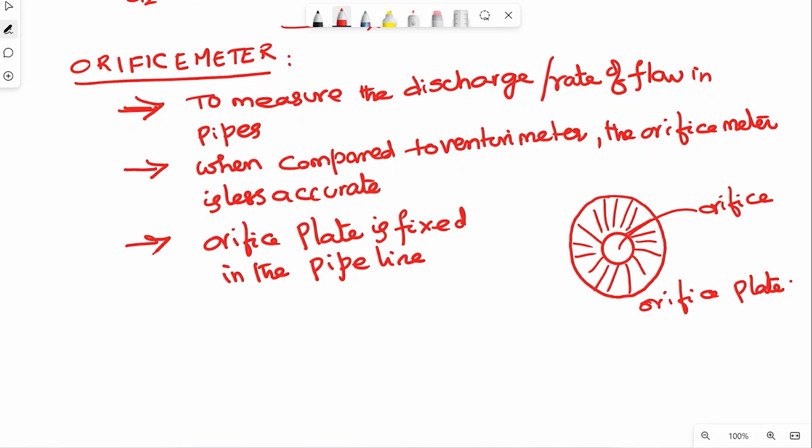So how much diameter hole at the center should we make? For example, if the pipeline diameter is 20 centimeters, then naturally the hole diameter should be around 10 centimeters. Like in the case of venturi meter, the throat diameter to the inlet diameter ratio is maintained approximately closer to 50%.